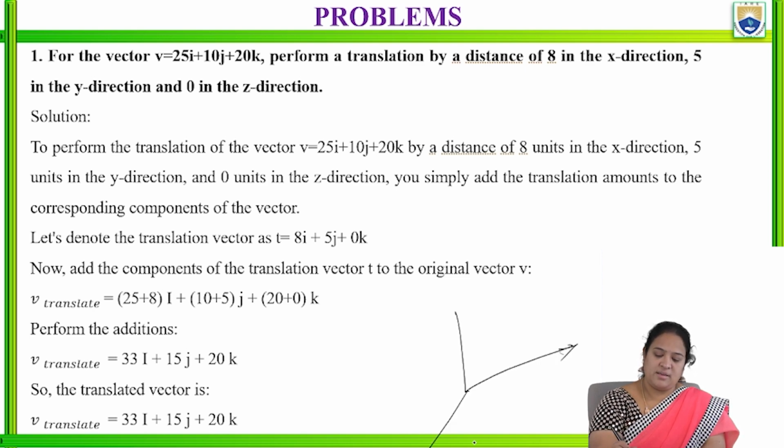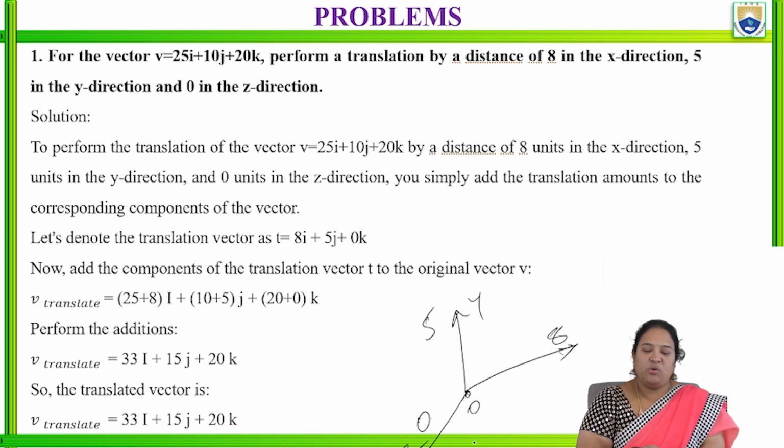At x it is traveling 8, at y it is traveling 5, and at z it is traveling 0. So we need to find the result of the addition, the overall constraint.